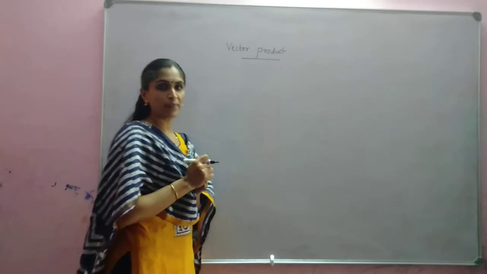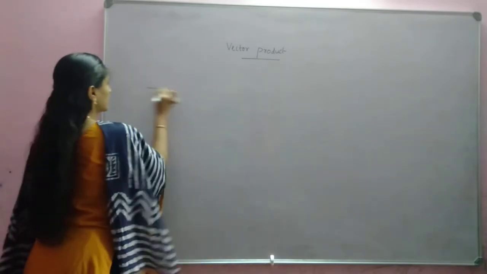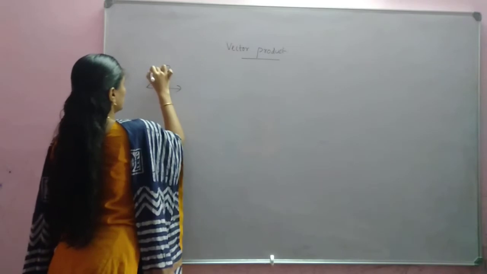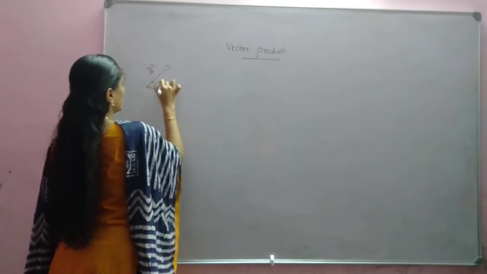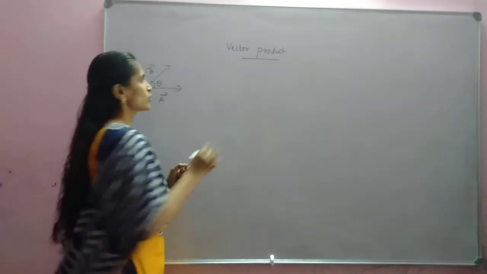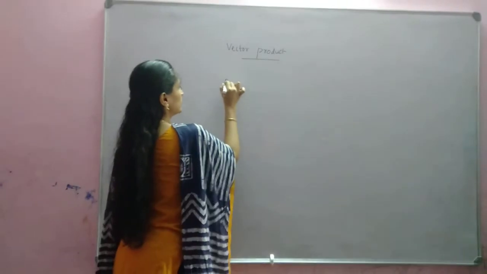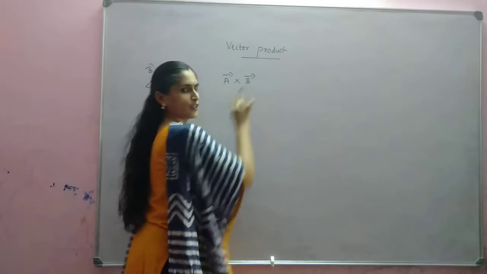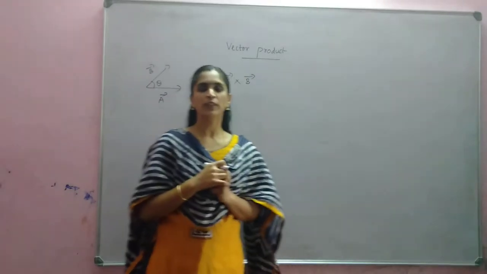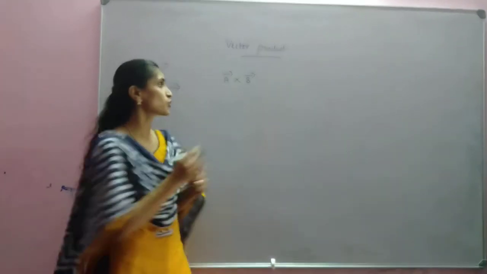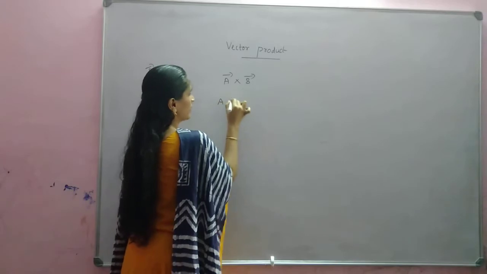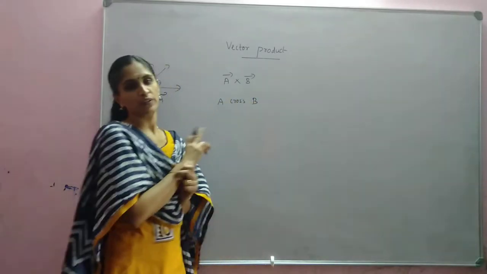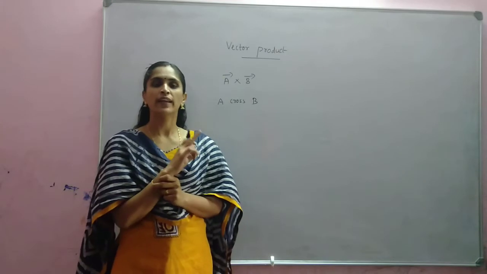So if A and B are two vectors, A vector and this is another vector B, and they are making an angle theta, the vector product of two vectors is defined as follows. You cannot read it as A into B, you have to read it as vector A cross B.